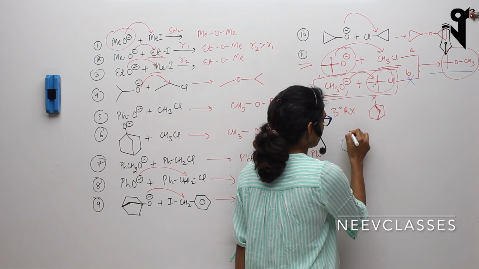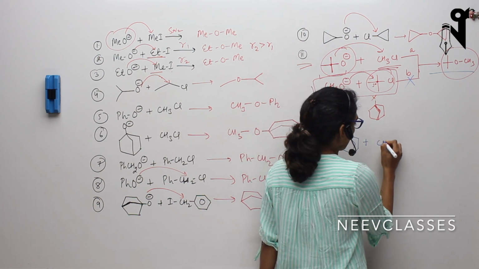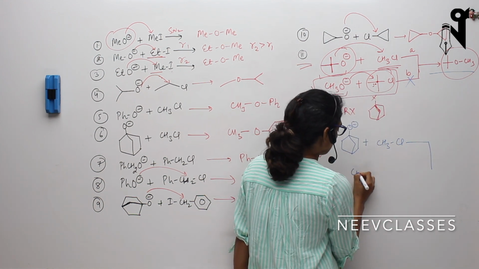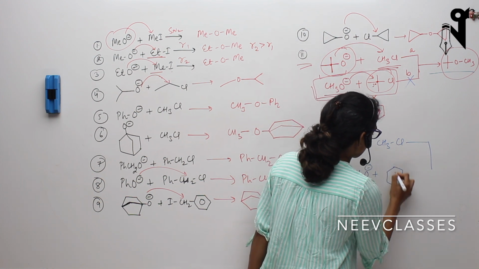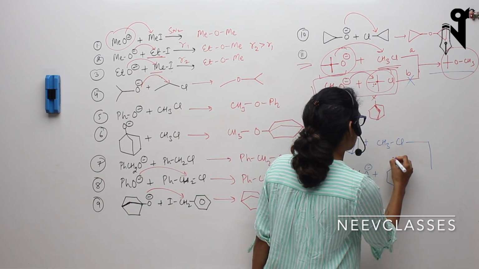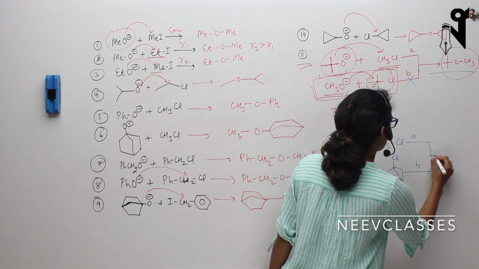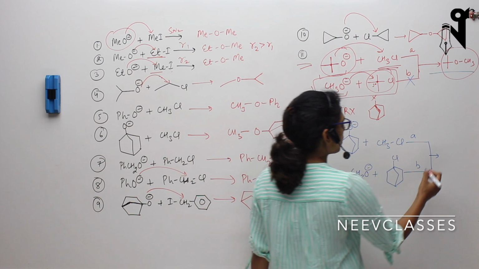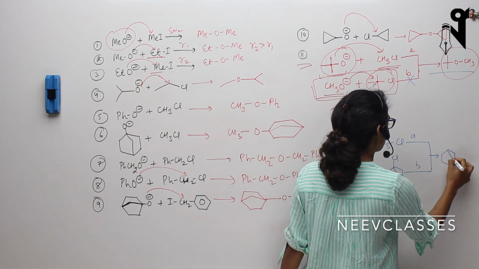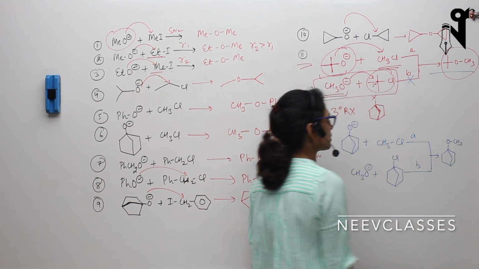Similarly, if I take a reaction where again I am trying to follow two different pathways to achieve one product, and the possible product is this.